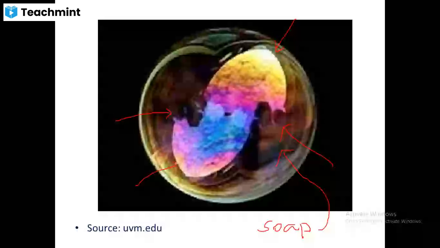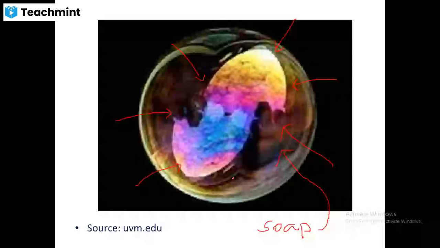So why are we able to see different colors from different angles in a soap bubble? The fundamental reason behind this is the phenomenon of interference. It is the interference which is taking place all over the bubble. There is interference happening at two different layers of this bubble.